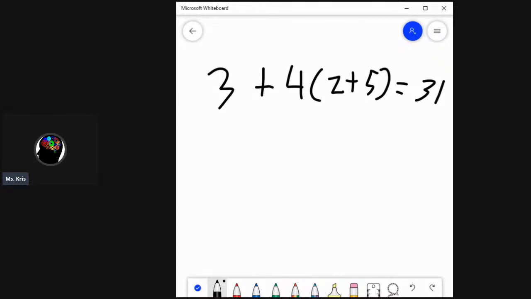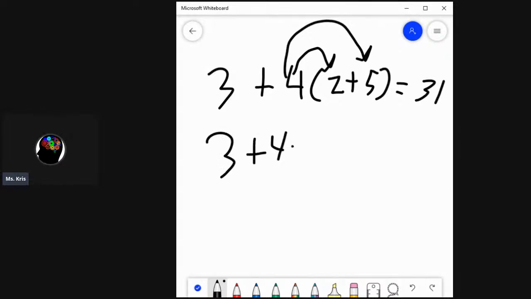Now, with this type of problem, you must first, in your multi-step equation, distribute within the parenthesis. Meaning I'm going to multiply the 4 to the z, and I'm multiplying the 4 to the 5. So I'm going to bring down my 3, and then plus 4 times z will give me plus 4z, and plus 4 times plus 5, that gives me plus 20, because positive and positive makes positive, and 4 times 5 gives me 20, and then that equals 31.